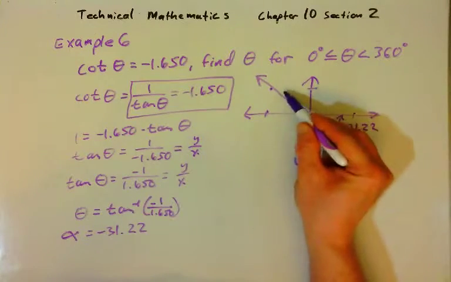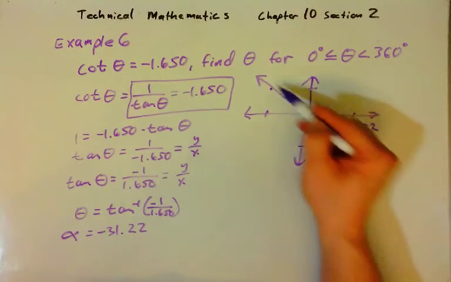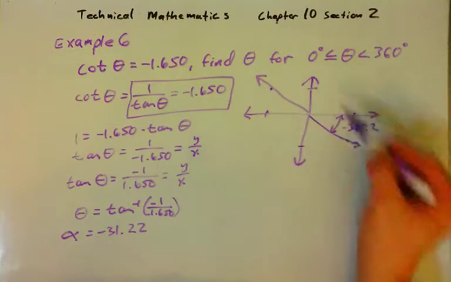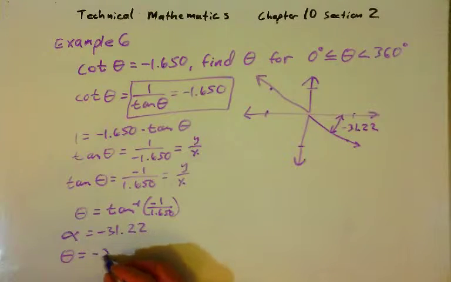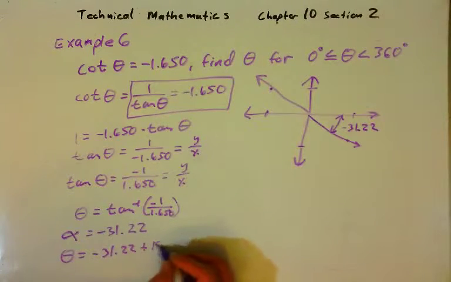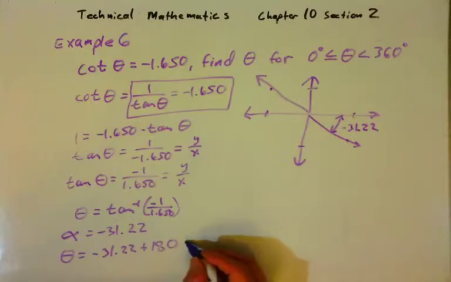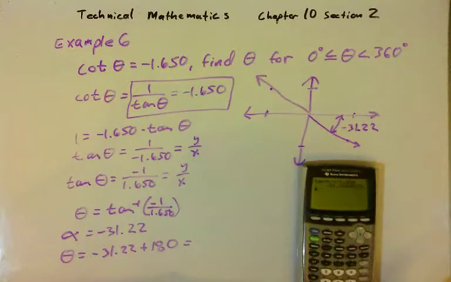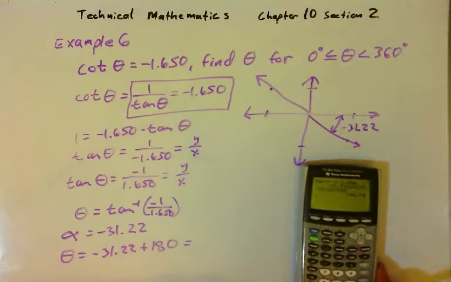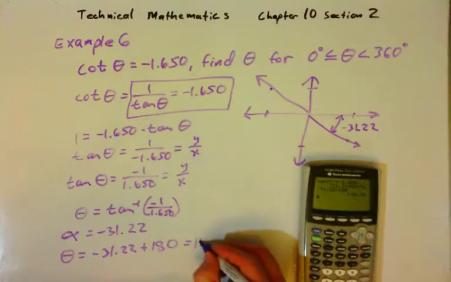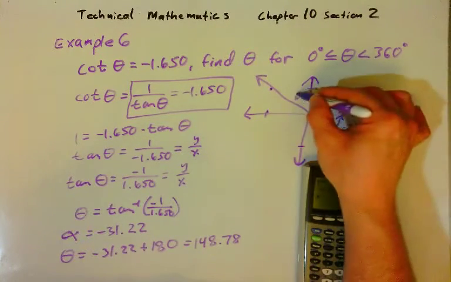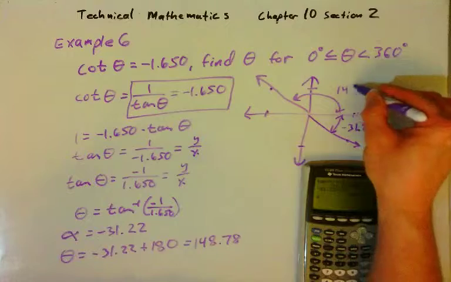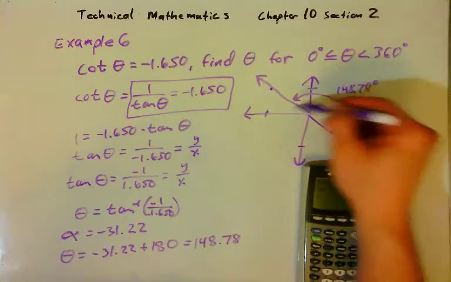And you can see that if we add 180 degrees, these lines are a straight line, so they're 180 degrees away from each other. If we add 180, that will give us theta. Theta will be negative 31.22 plus 180. And so we get 148.78. Right, and so that's this angle, 148.78 degrees.